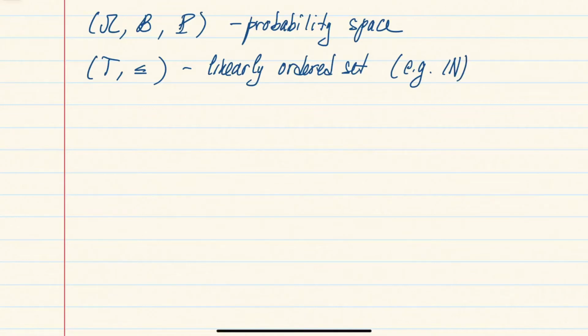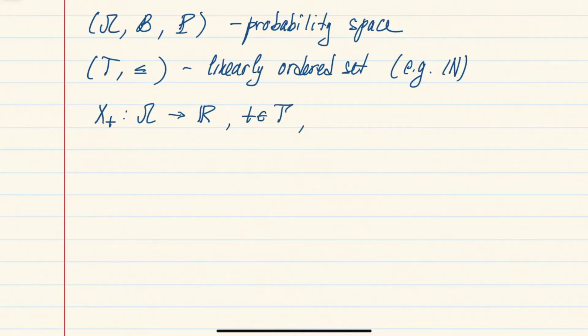And then we will have this process which will be just random variables defined on this probability space indexed by the points in this set T. So we'll have this family of random variables on the probability space, real valued, and the index t here will be from this index set T.